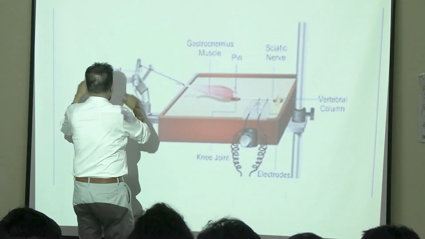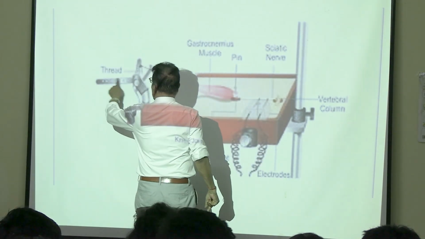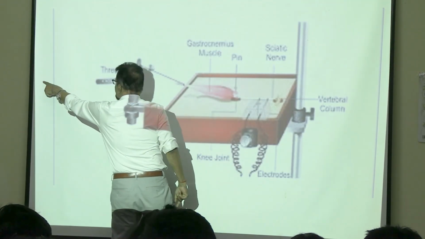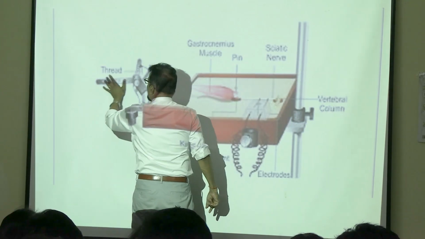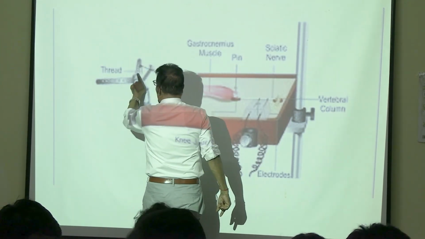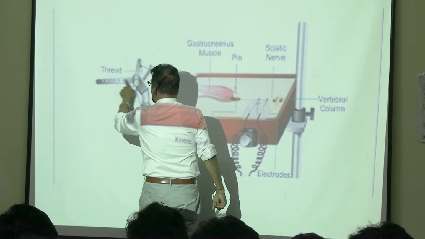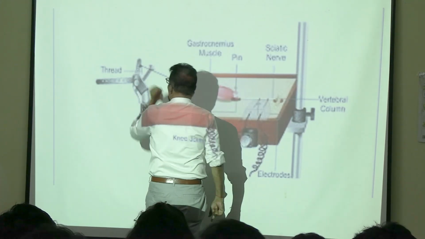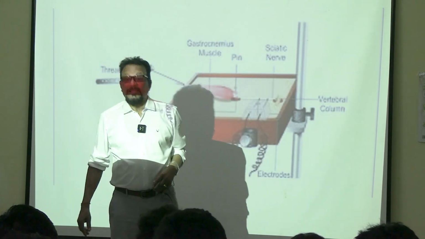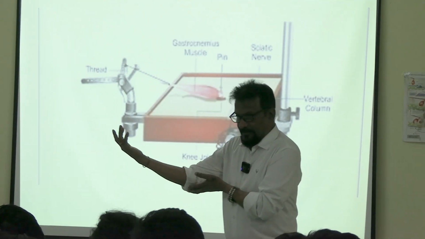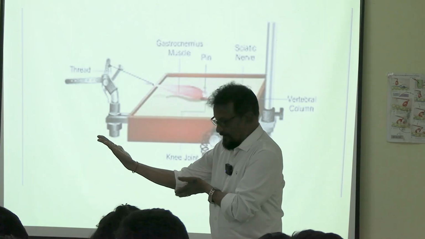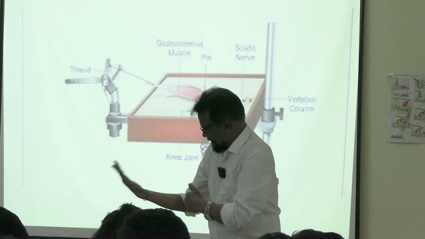Before pinning, this is a lever. This lever has a short arm and a long arm. At the junction of the two arms, there is a pivot, the fulcrum. Suppose this is the fulcrum, this is the long arm, and this is the short arm.